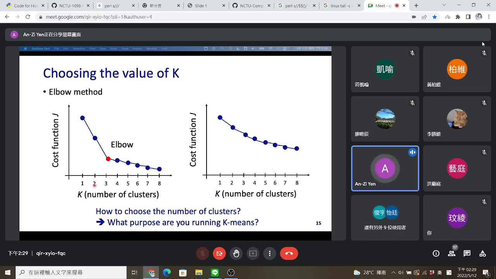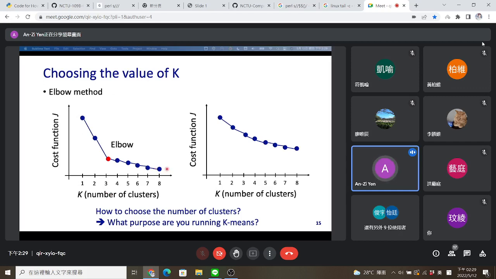So here is k equals 2, and we get the cost when we choose k equal to 2. Then we run multiple random initializations, and okay, so we get this cost, and then we can go on to test k equal to 3, 4, 5, 6, 7, 8, and so on.